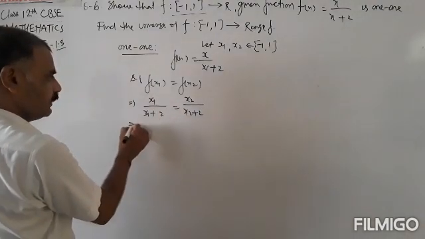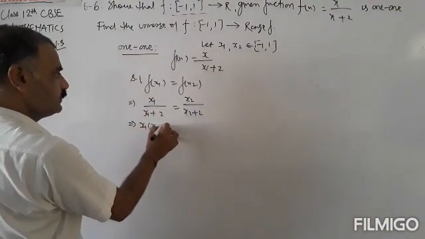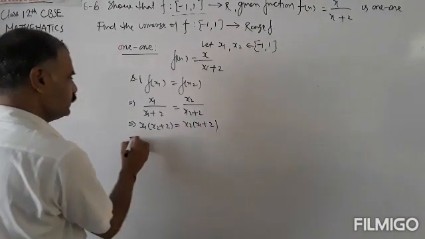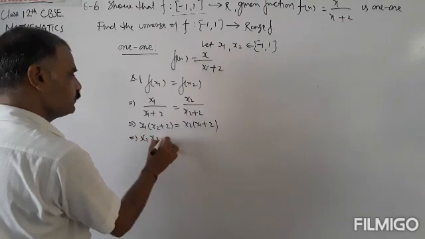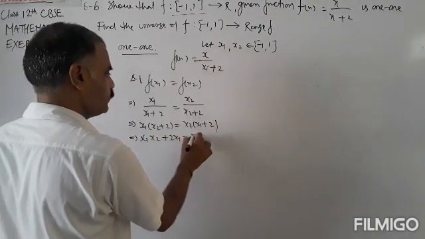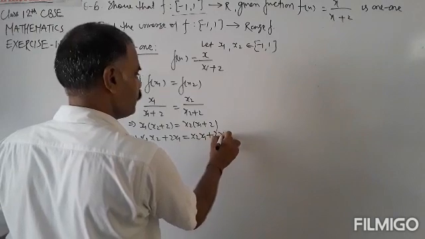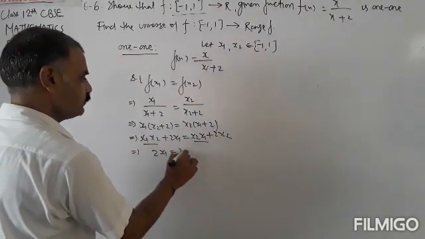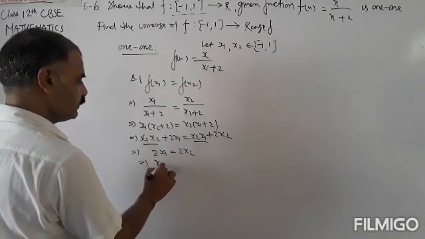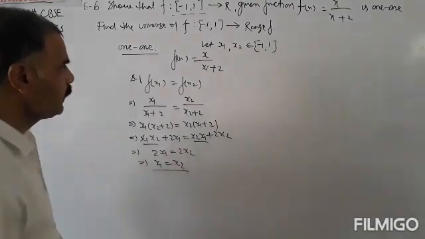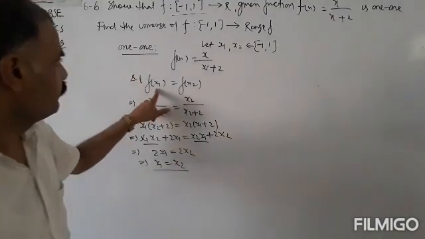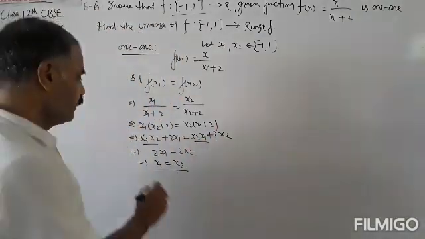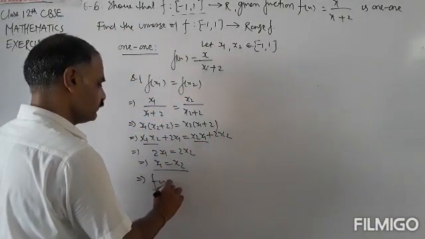After cross multiplying, x1 into (x2 plus 2) equals x2 into (x1 plus 2). So x1x2 plus 2x1 equals x2x1 plus 2x2. This term cancels on both sides, so 2x1 equals 2x2, which means x1 equals x2. So we have taken f(x1) equals f(x2) and proved that x1 equals x2, which implies that f is one-one.